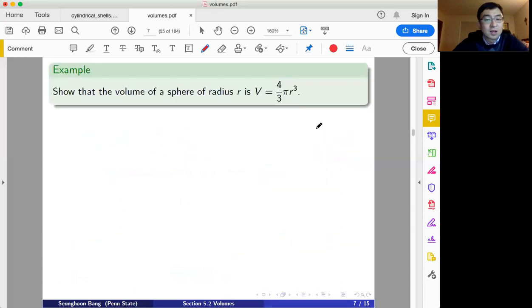So this is a problem. Show that the volume of a sphere of radius R is V equals 4/3 pi R cubed. Now, how can you show this kind of thing? It is not difficult.